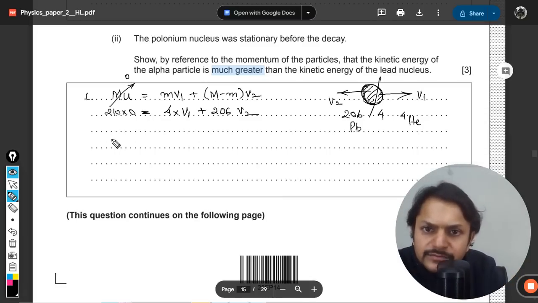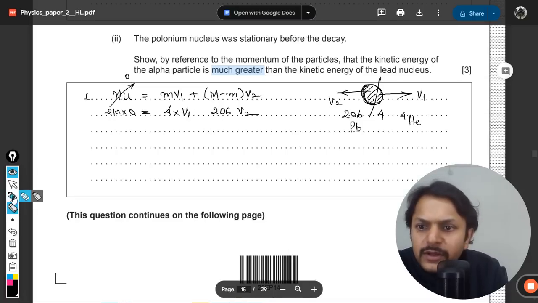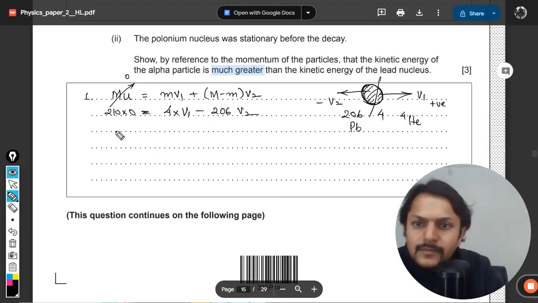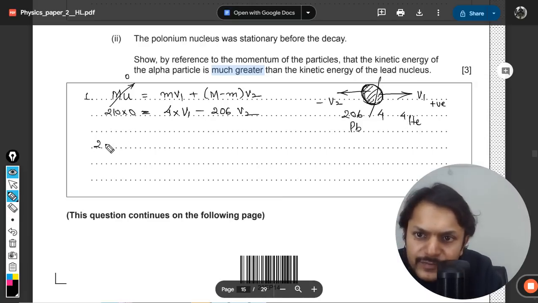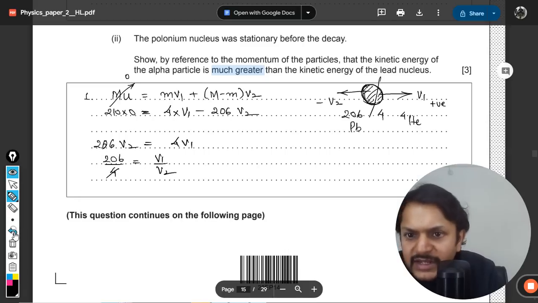From here we can clearly find the velocities. V2 will be taken as negative. Sorry, because of the sign convention, V2 is negative and V1 is positive. And this is 0. So 206 V2 is equal to 4 V1. So 206 by 4 is equal to V1 by V2. Okay, let us keep it like that only.